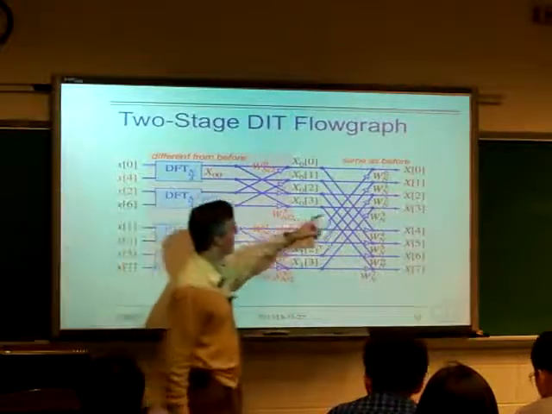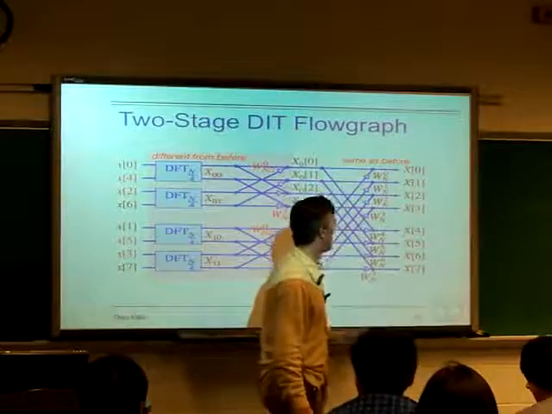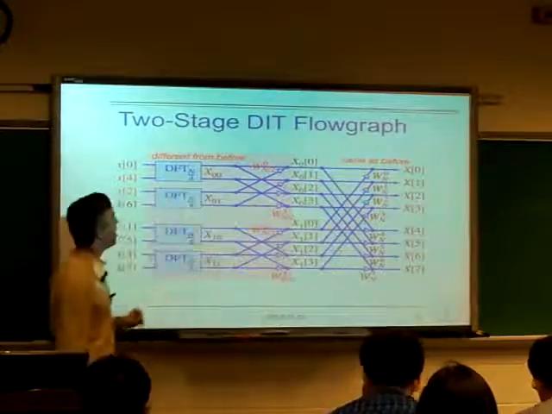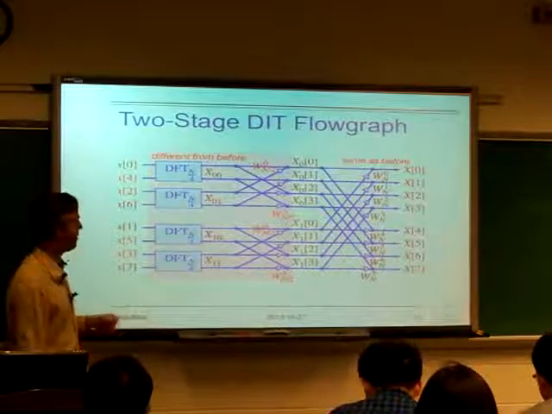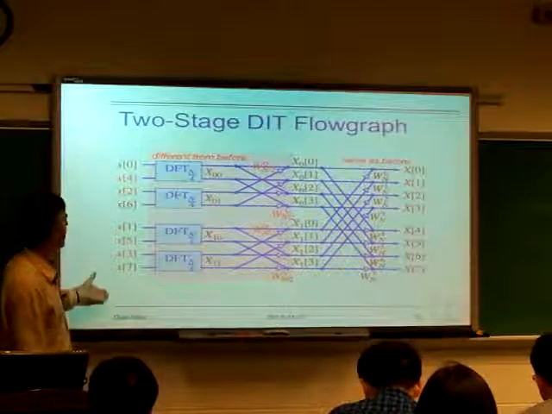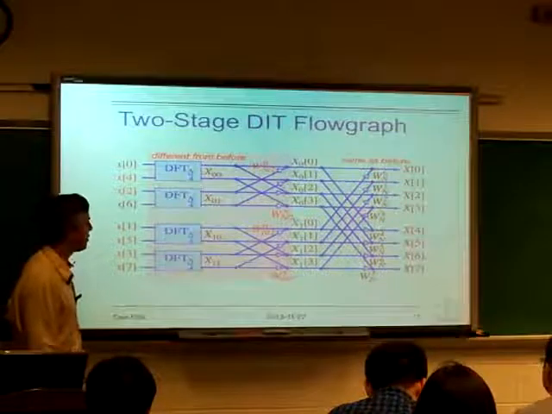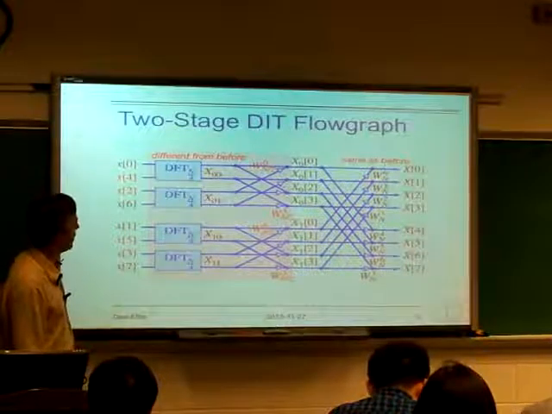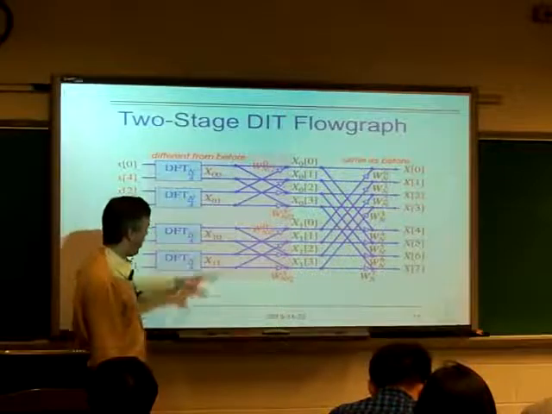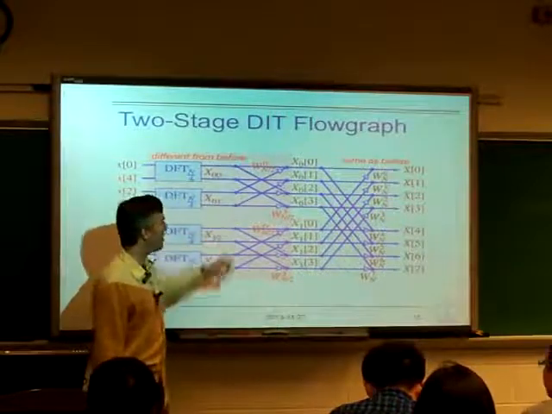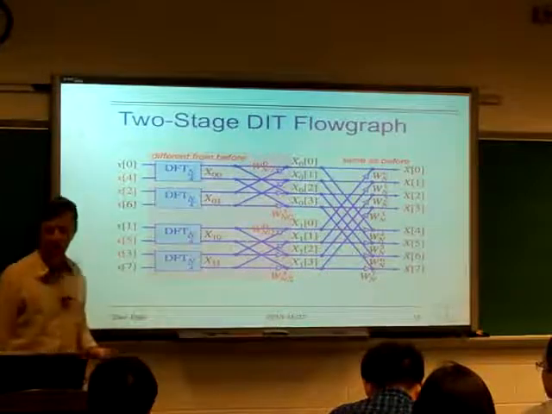So our output is nice and in the correct order. But to make this diagram avoid having crossed lines, our input sequence has ended up in a somewhat shuffled, garbled order. But you can see the structure here, and you can more or less figure out what's going on.